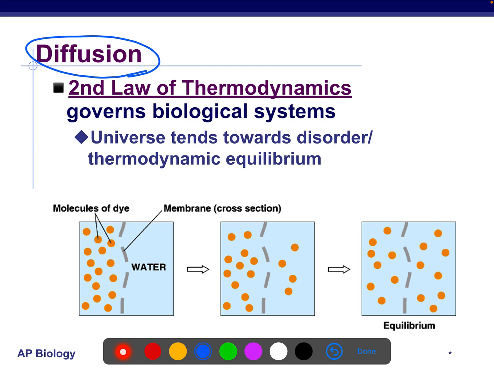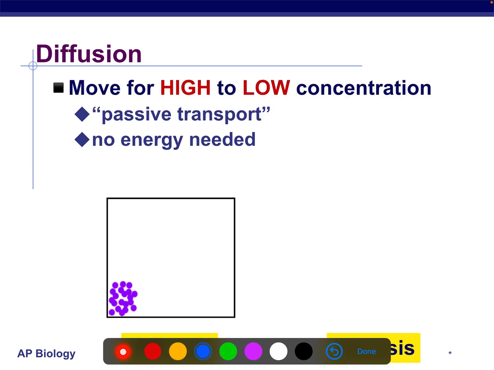In diffusion, molecules are going to move from where they're highly concentrated to where there's a low concentration of those molecules. After a while, those molecules of dye are going to be in equilibrium, meaning we have an equal amount on either side or throughout the entire suspension.